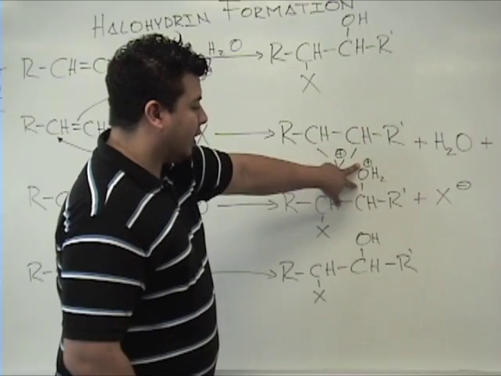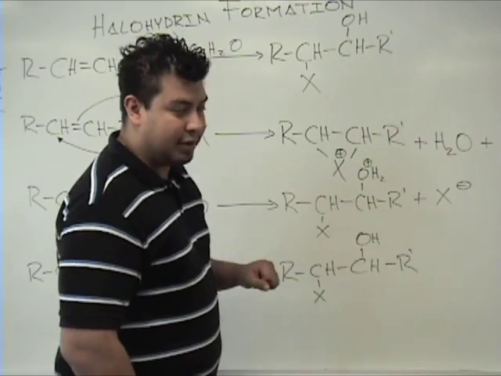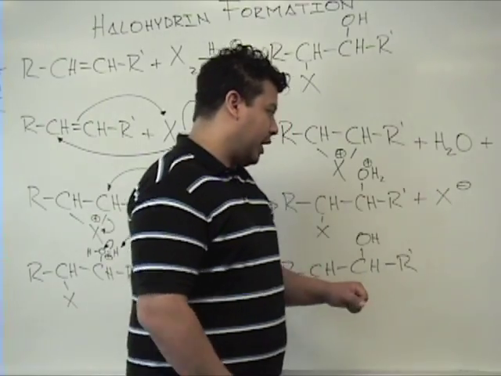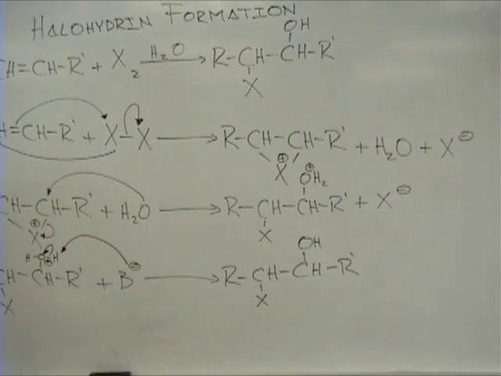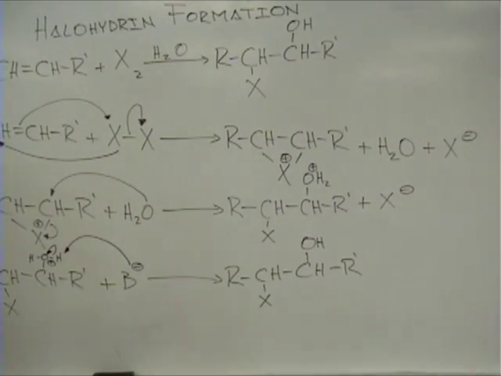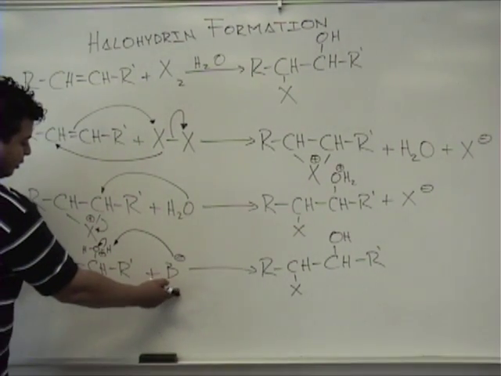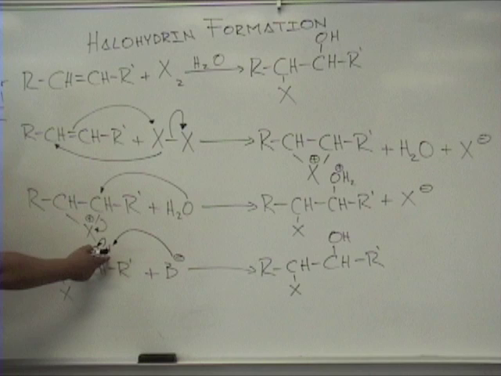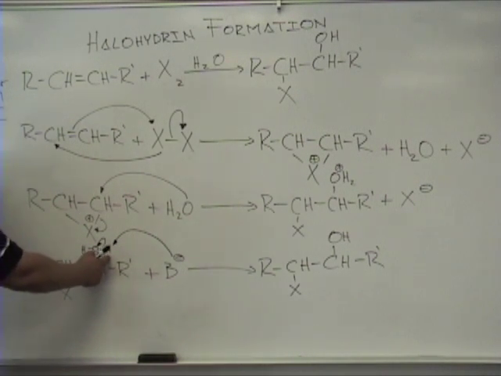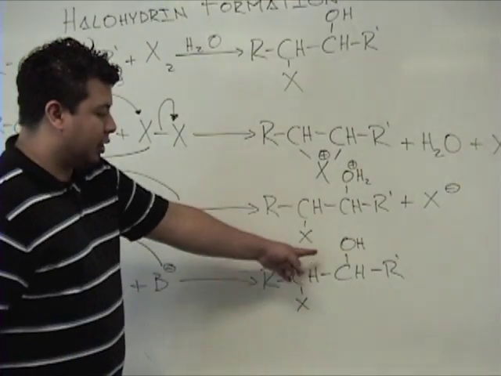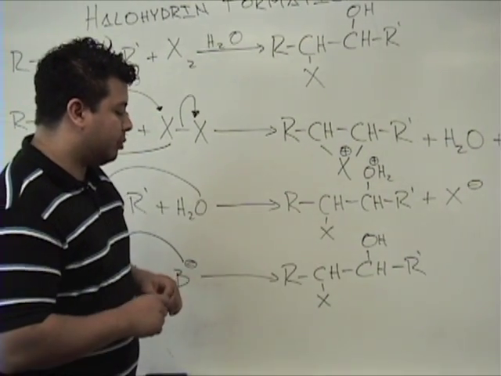The formal charge of it is going to be plus because it has 3 bonds, and then the X that is just standing there. So then the next step is we have a base, and that base is going to pick up one of the acidic protons from water, and then we just get the hydroxy group.